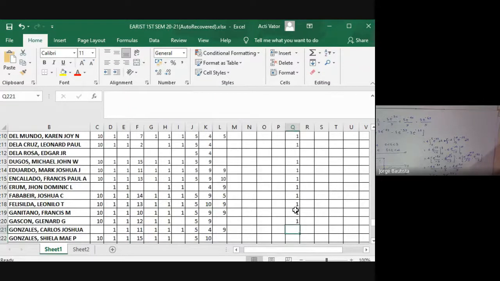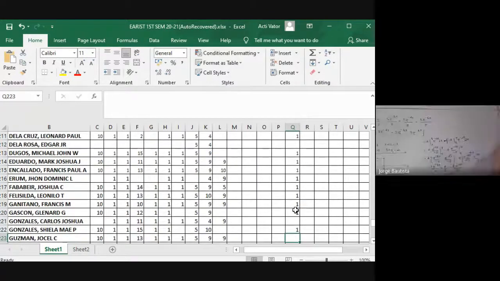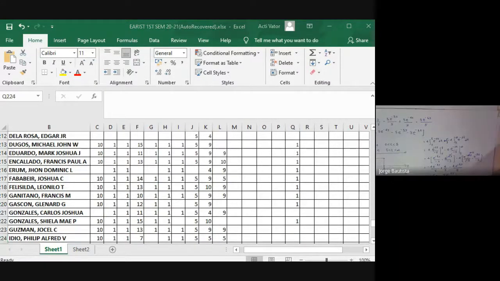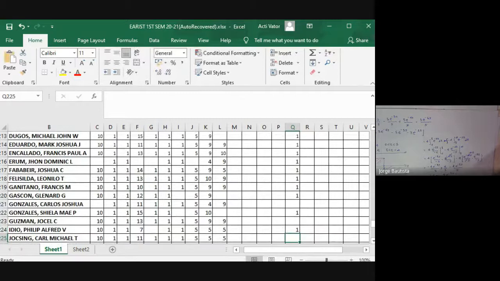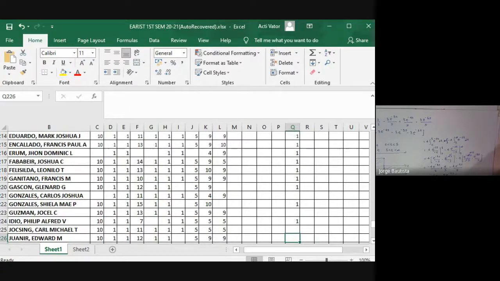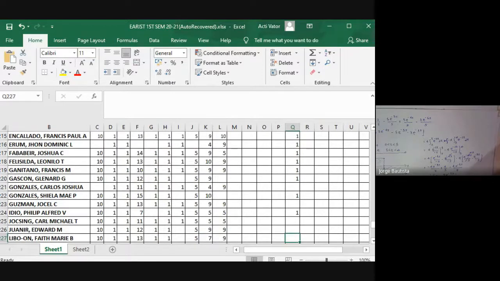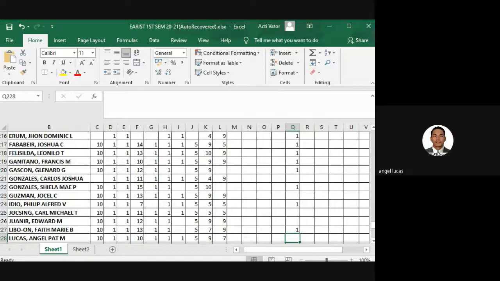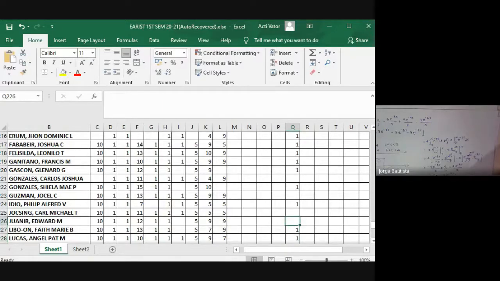Gonzales Sheila. Present, sir. Guzman. Present po. Juanir. Liboon. Present po. Lucas. Present, sir. Present daw si Juanir.